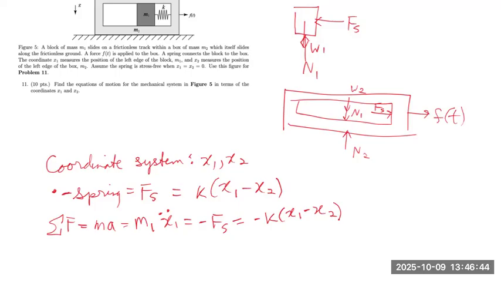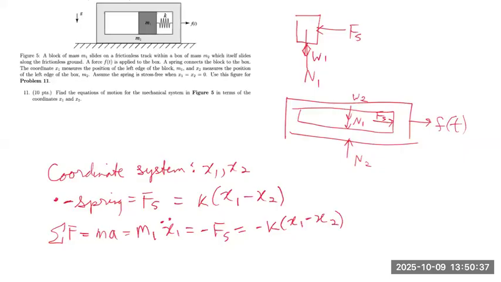So what about for m2 in the x2 direction? For this one on the left it is negative sum of forces equals MA.